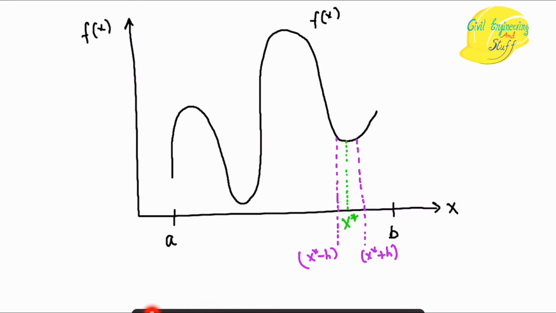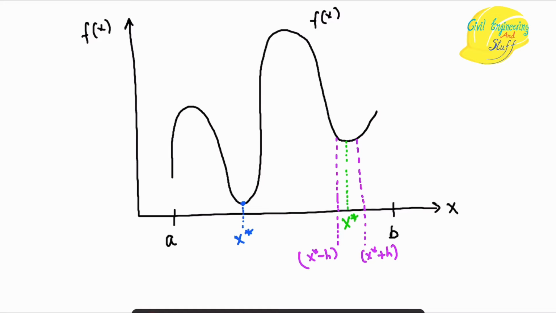As we can see, at x equal to x star the minimum value is obtained, and the value obtained at this point will be minimum for the whole function. The value that is minimum for the whole function is called the global minimum, while if it is defined for only a very small interval, here x star minus h to x star plus h, and we have a minimum value only in that range, then it is called a relative minimum.